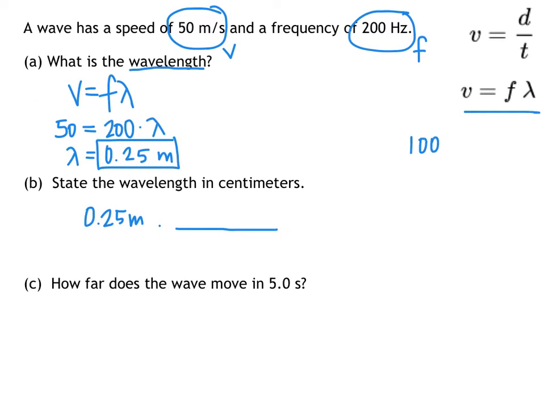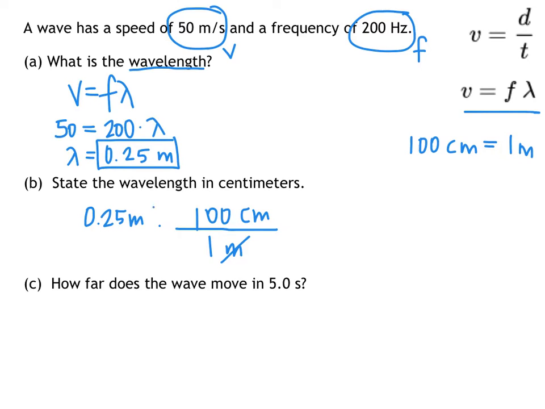So there are 100 centimeters in 1 meter based on the prefix centi. So I'm going to put the 1 meter on the bottom so that the 2 meter units are diagonal from each other. And then the quantity I'm changing into will go opposite from that, so 100 centimeters.